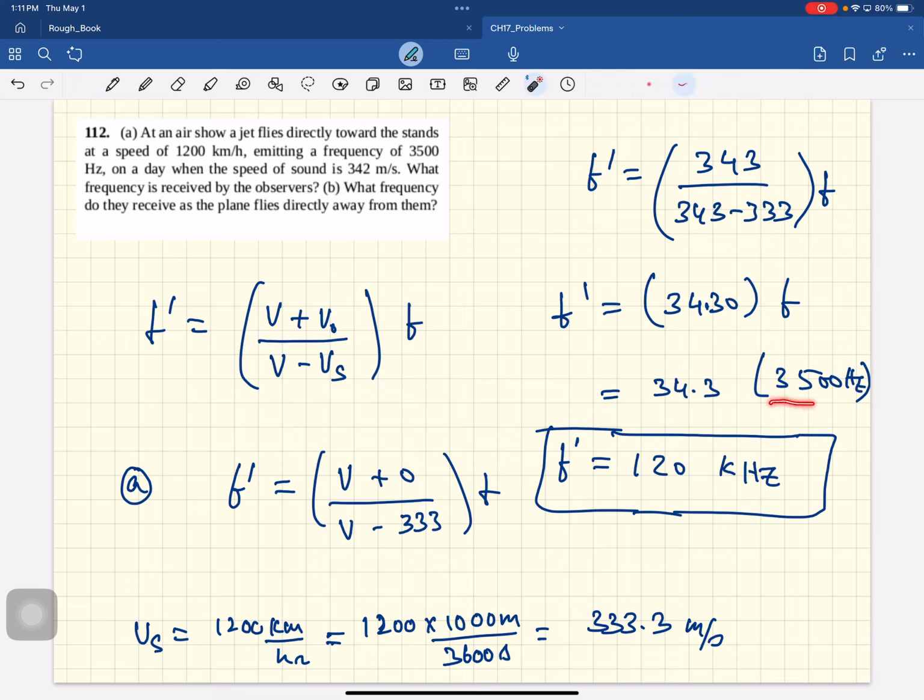So this frequency becomes a higher frequency. But the plane is producing all kinds of frequencies. 1 hertz becomes 35 hertz. 100 hertz becomes 3,400 hertz. So the low frequencies that you couldn't hear are now Doppler shifted to your hearing range.